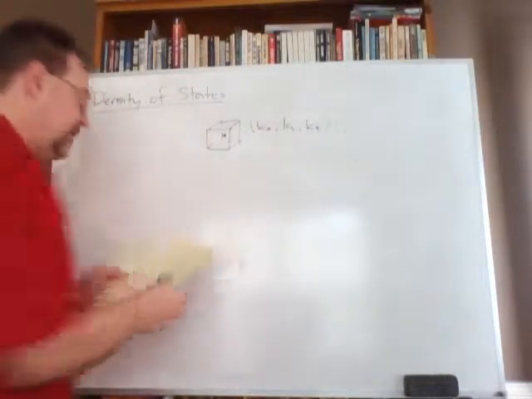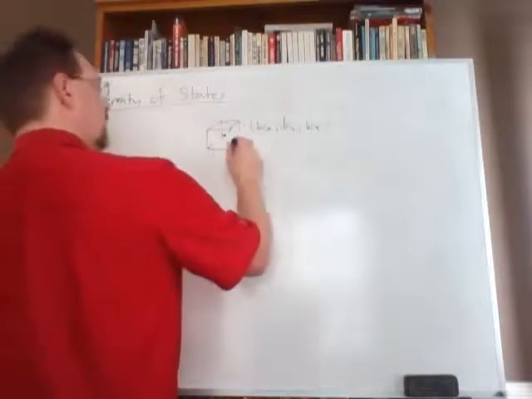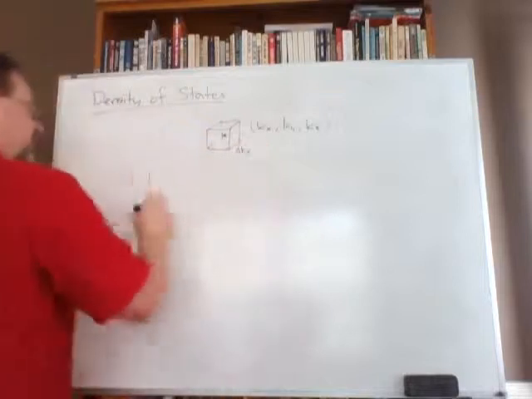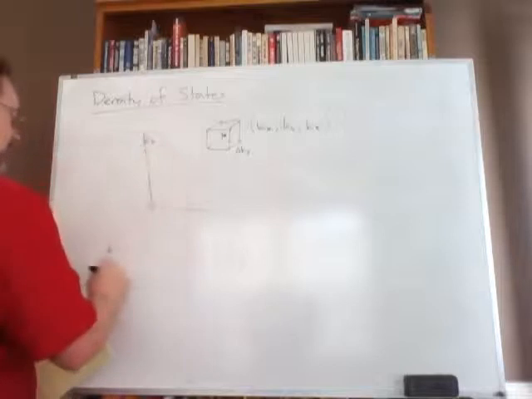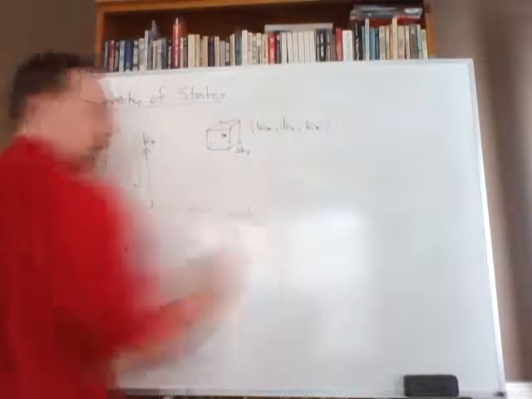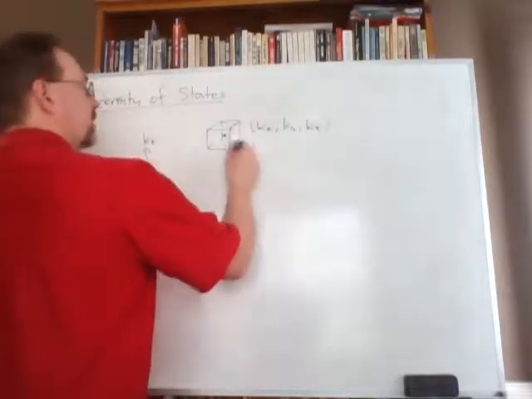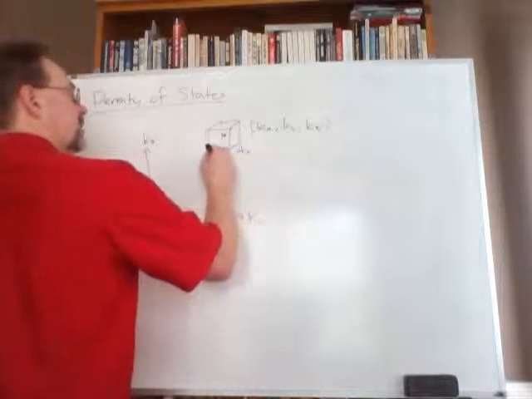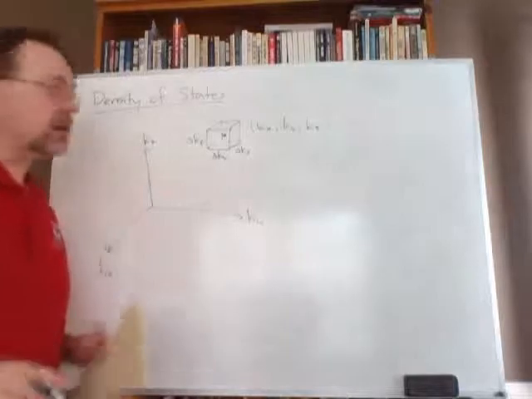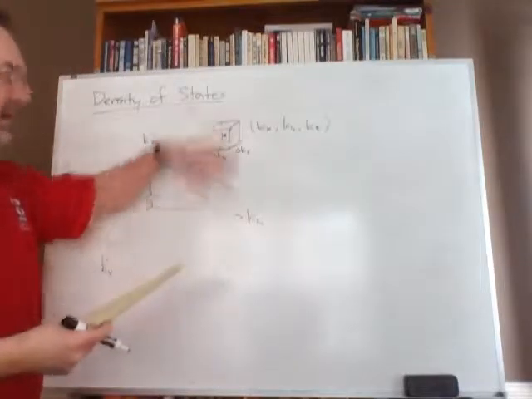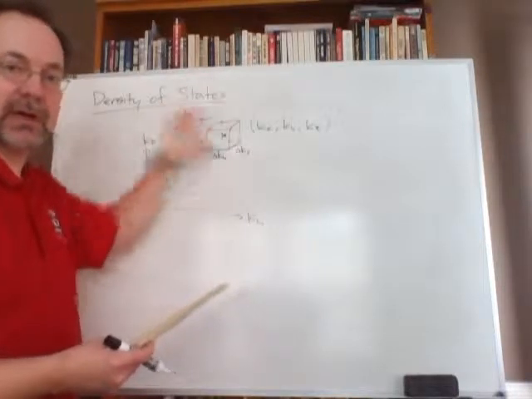And then the size of that cube: on this side will be delta kx. So here's our coordinate system in k space, kx, ky, kz. This is delta kx, here is delta ky, this is delta kz. And then there will be another point in the next cube over, above, below, behind, all around.